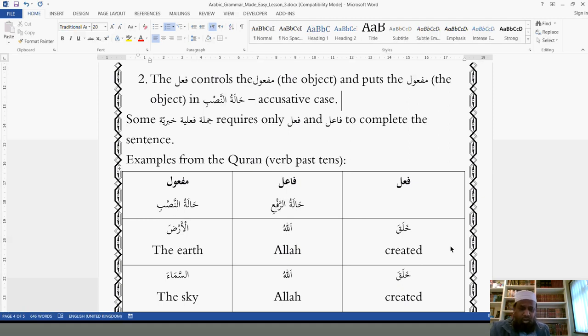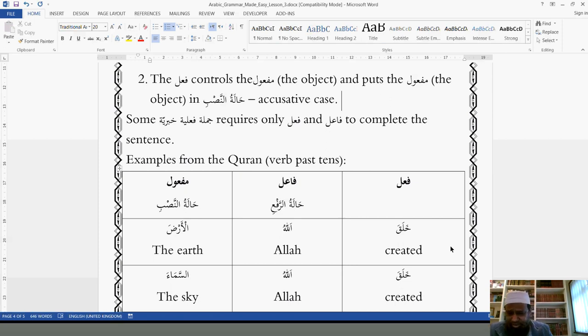خلق الله الأرض. خلق created, which is the past tense. لفظ Allah. الأرض, the earth. Created Allah the earth. As I said, in English there is no verbal sentence. Always use the nominal sentence. Starts with lafz Allah.